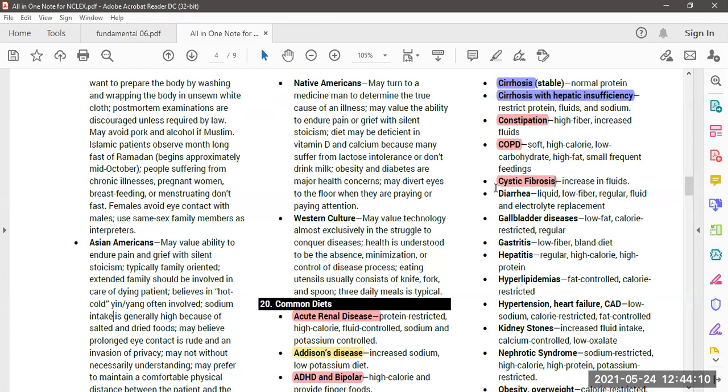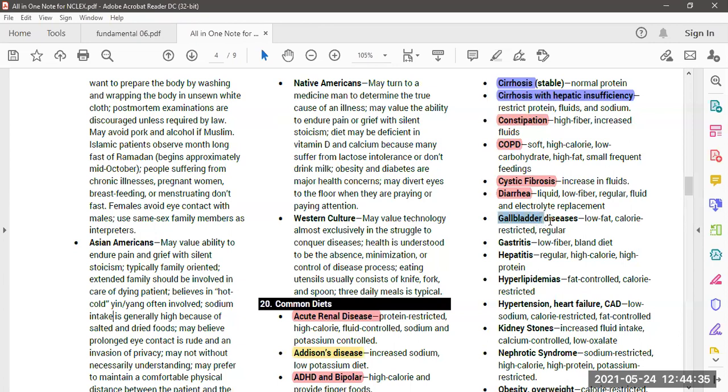Increase the fluid. If diarrhea, loose motion, liquid and low fiber, and low residual food means the food that are low in fiber and easy to digest. Also fluid and electrolyte replacement.